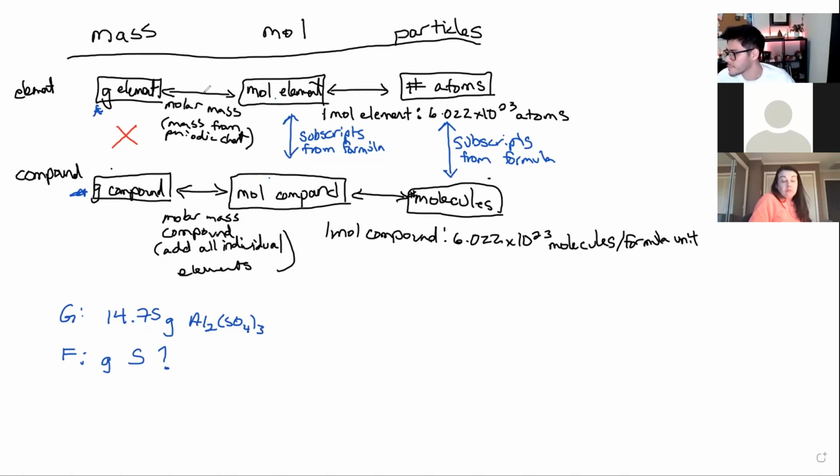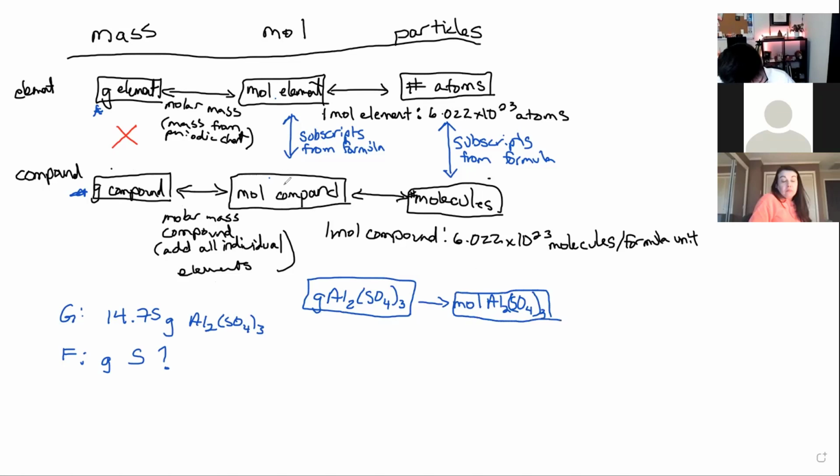Now I'm going to unfold this and kind of make a flow chart for what we have. So we have grams of Al2(SO4)3. The first step is I'm going to need to get it into moles of the compound. Moles of Al2(SO4)3.